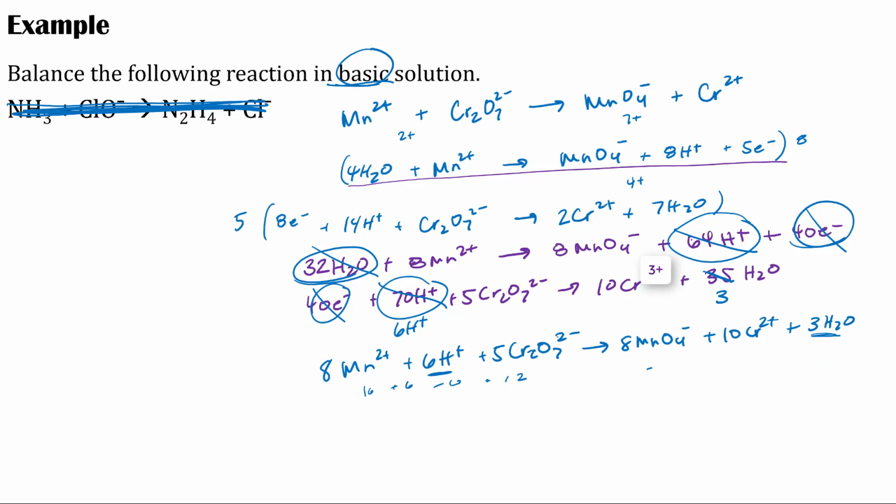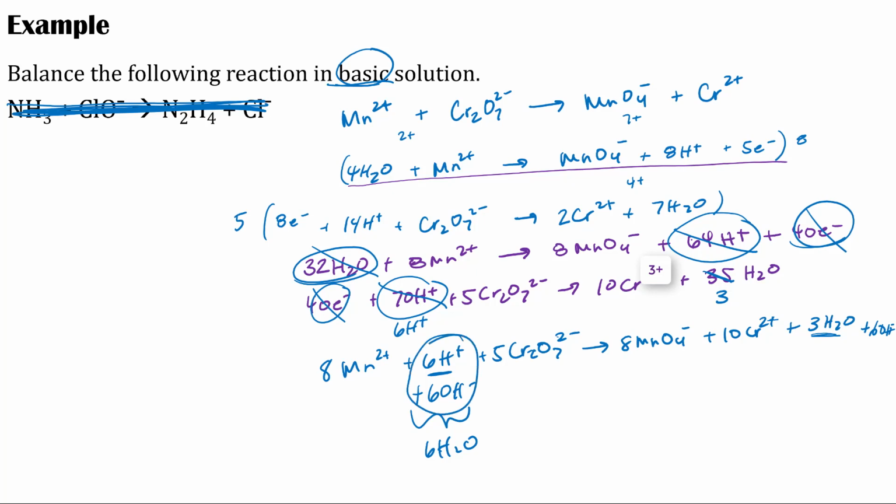So bases are made from OH. And so since I have this in acid, if I add 6 OHs to this, then that means that I make 6 H2Os. But since it was already balanced, I've got to add those 6 OHs to the product side as well. So I'm going to add 6 OHs to the product side.